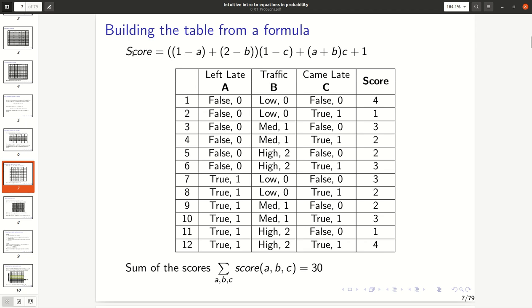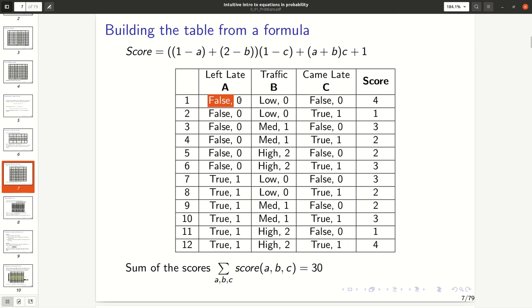Consider this scoring function, which is a function of small a, b, and c. Here small a represents a particular value for the variable in column a. Similarly, b and c represent a particular value of columns b and c. To substitute these values into the formula, we first have to convert the entries in these columns into numbers.